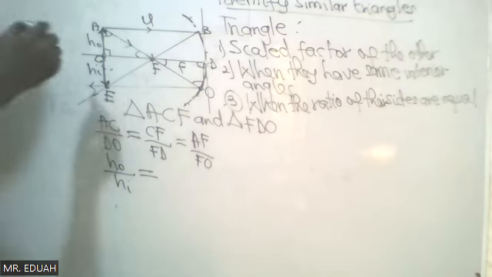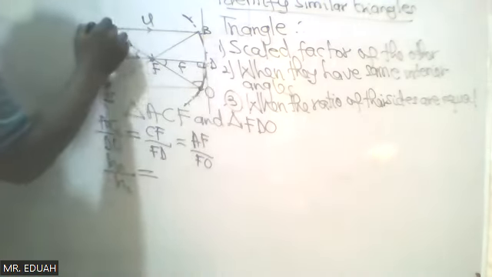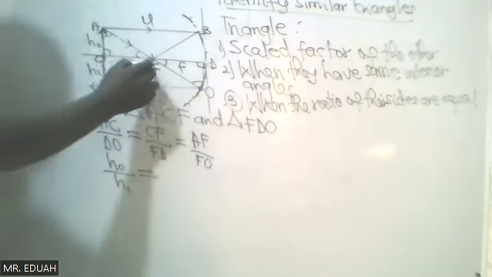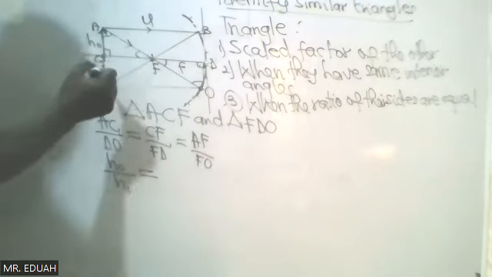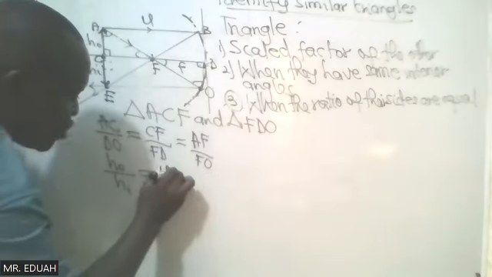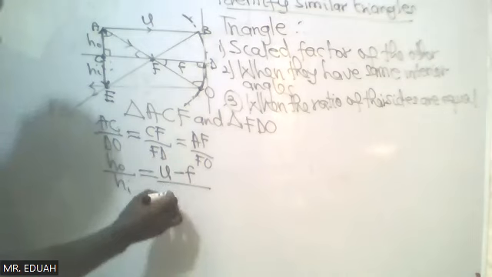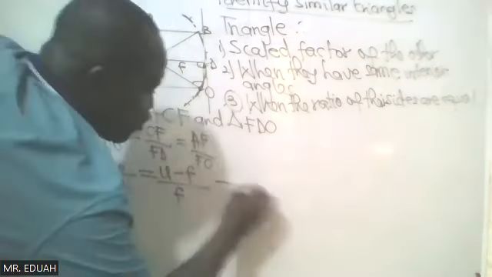I take it again. CD is equal to AB. AB is equal to U. Then FD is F. So what will be CF? U minus F. Exactly. So this will be U minus F, all divided by FD, which is F, equation 1.